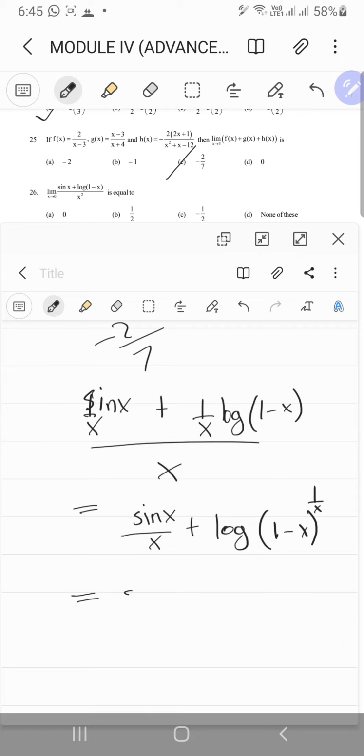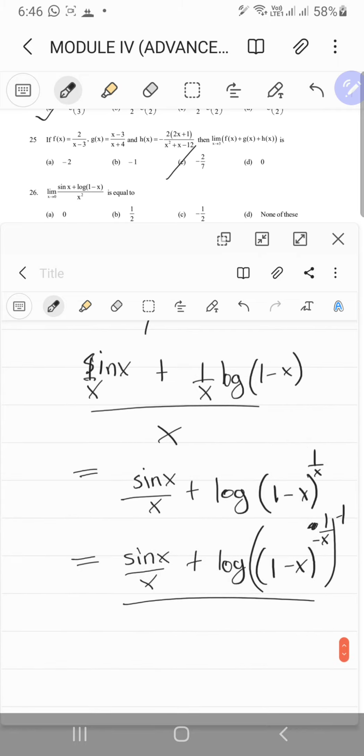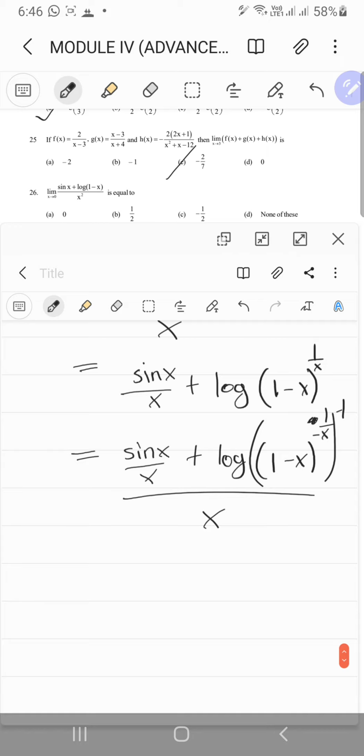So this is the thing, sine x upon x plus log of 1 minus x minus 1 upon minus x, let's do it like this, raised to the negative 1 power upon x. Now it looks much more like e, right?